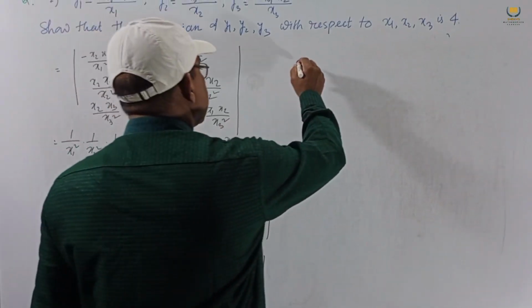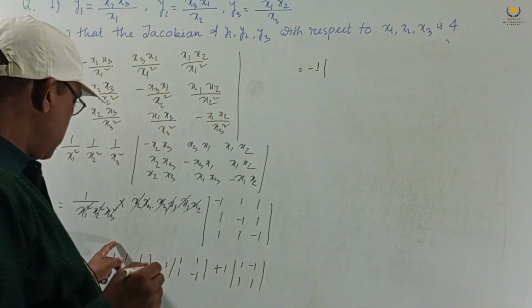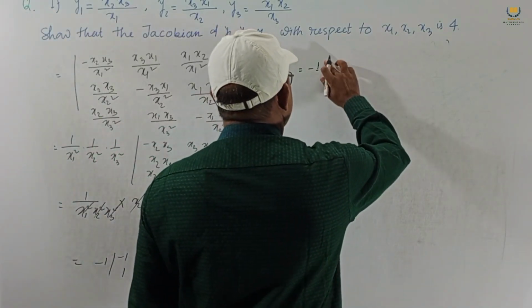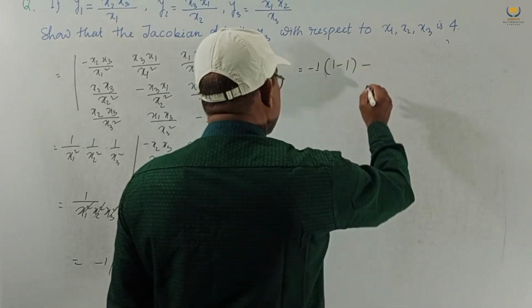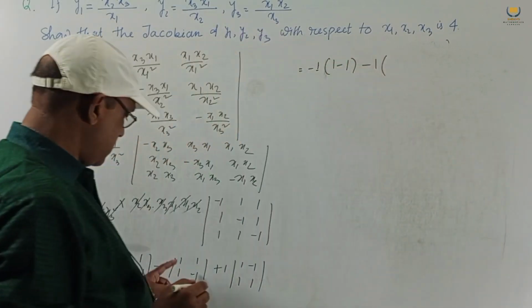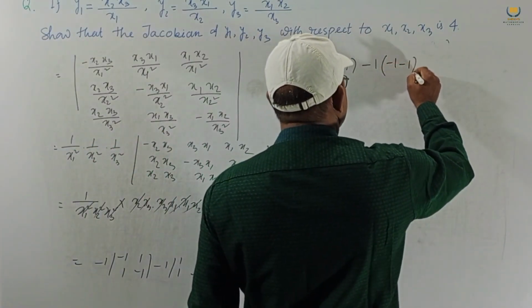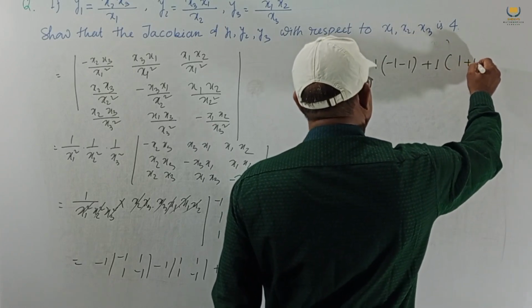Now we expand this, minus 1, this into this is 1, this minus. That means we get 1 minus 1. Minus 1 minus 1, minus 1 minus 1, plus 1, 1 plus 1.